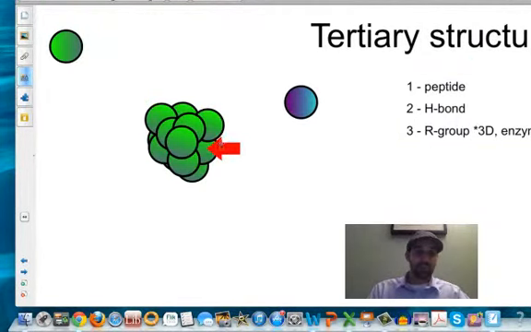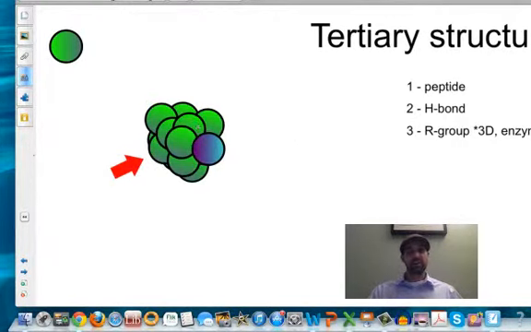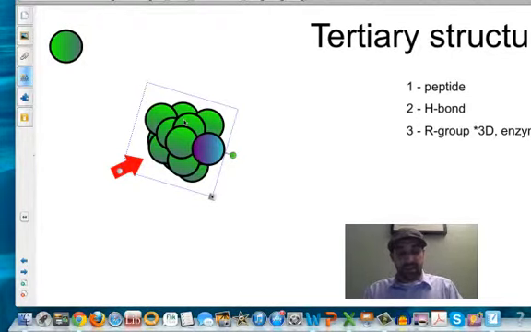And again, we could make a little cavity on any of these different areas within the molecule, but hopefully the tertiary group is going to be able to mention these things. So I feel like this is a good enough indication of what we're talking about here. So tertiary structure, peptide bonds, that's first, hydrogen bond that's second, and then R group interaction for the third level.